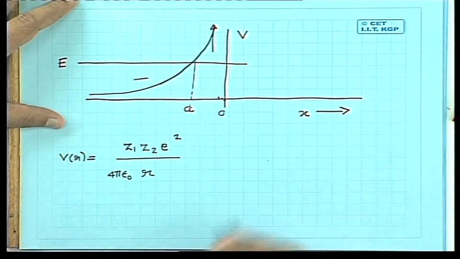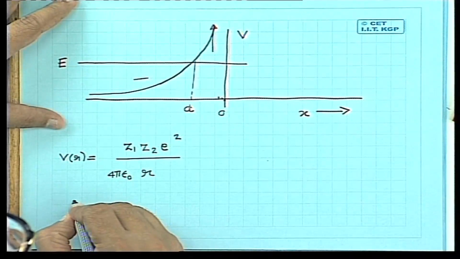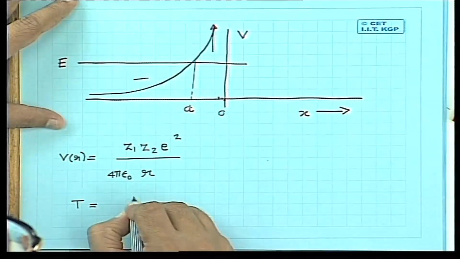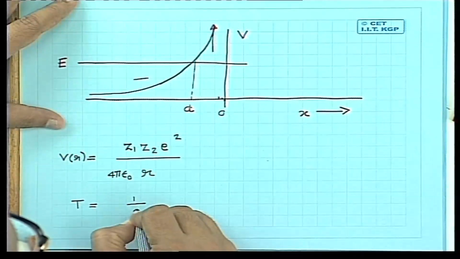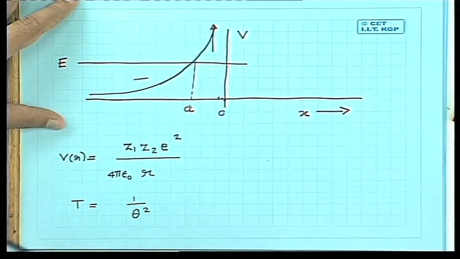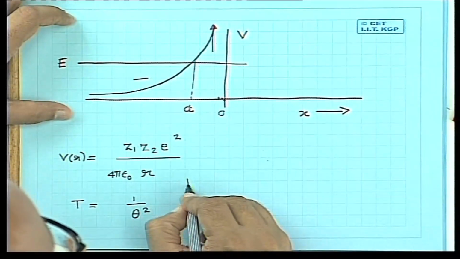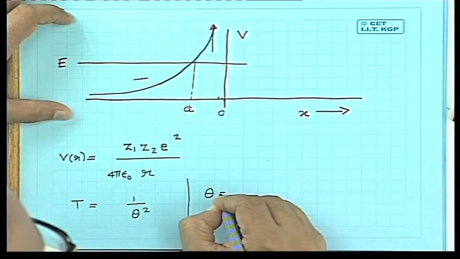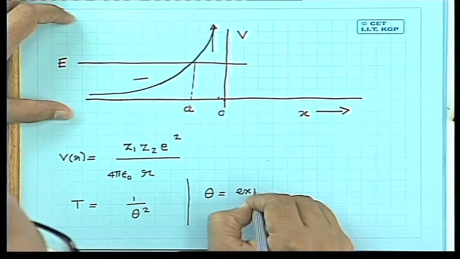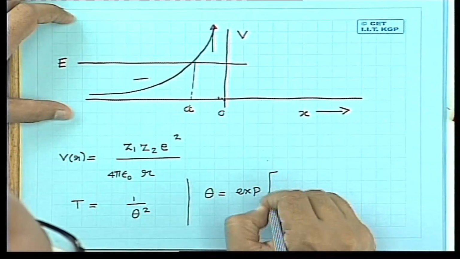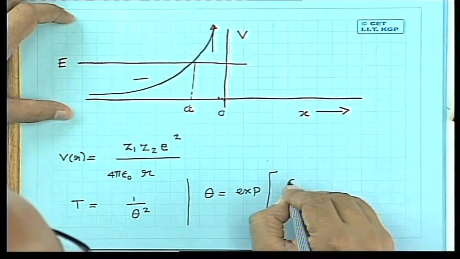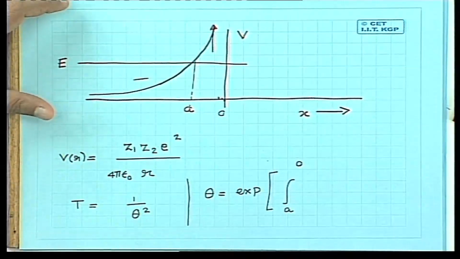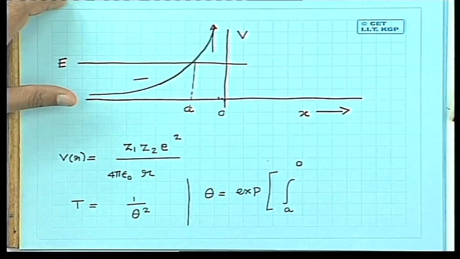So the transmission coefficient is 1 by theta squared, which is what I just wrote down, where theta is exponential in this case, the integral from a to 0 of rho x dx.